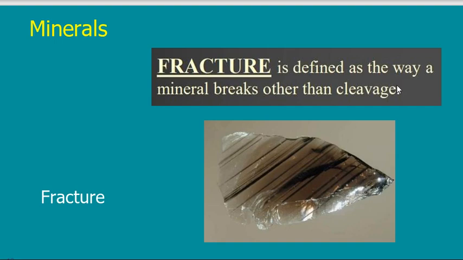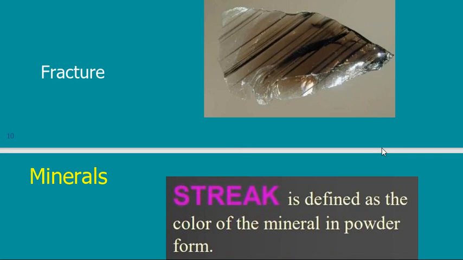Cleavage is on a specific plane, but if it breaks in any other way, then it is just a fracture. That's why we say that in any rock I can see a fracture. It's not a cleavage. To say that I see a cleavage, it means that I find a straight line fracture. If I don't see a straight line fracture, it means that it is just a normal fracture.